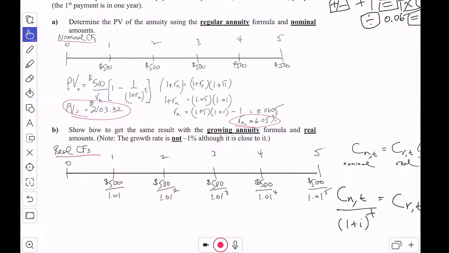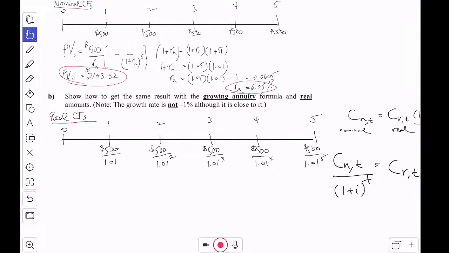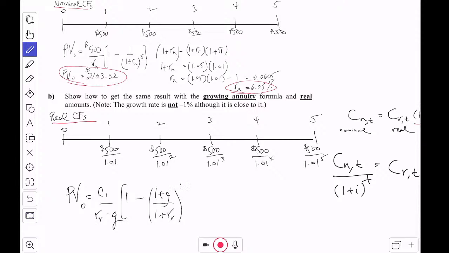Now I want to use the real annuity formula, the growing annuity formula, which looks like this. C1 over the real rate R minus G, times 1 minus (1 plus G over 1 plus R) to the power of T. I have to use the real rate, and that's what I need. So the question is, I know what C1 is.